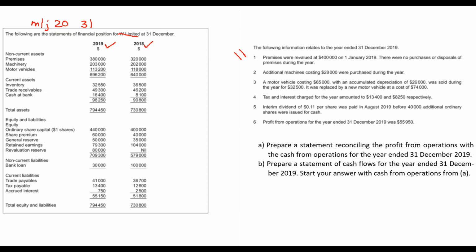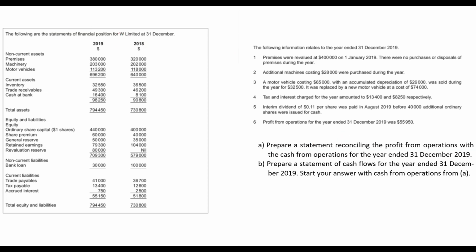Using this information and the statements of financial position, we have been asked to prepare a statement reconciling the profit from operations with the cash from operations, which basically means part 1 of the cash flow statement. And in part B, you have been asked to prepare a statement of cash flows, but you have to start your answer with cash from operations from A.